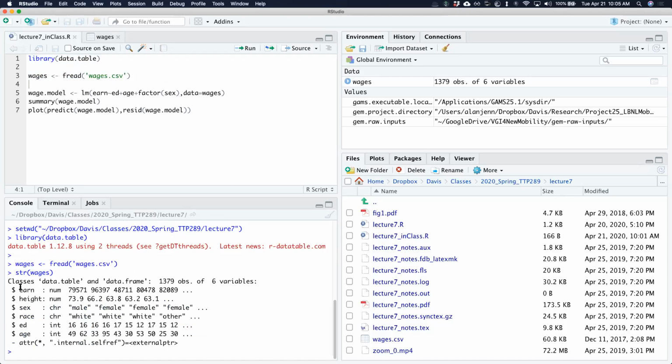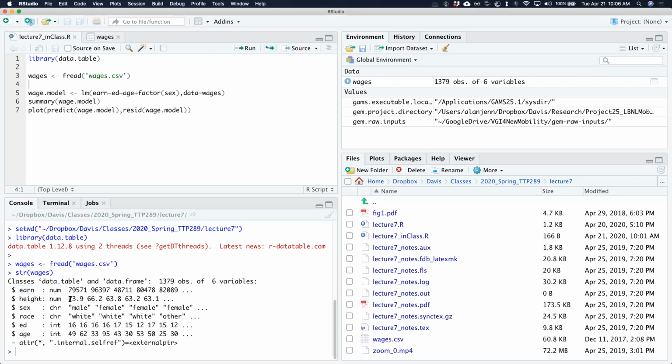There are 6 different columns. The one we had been interested in setting as our response variable was earnings, so regressing earnings against characteristics of the individual: height, sex, race, education, and age.